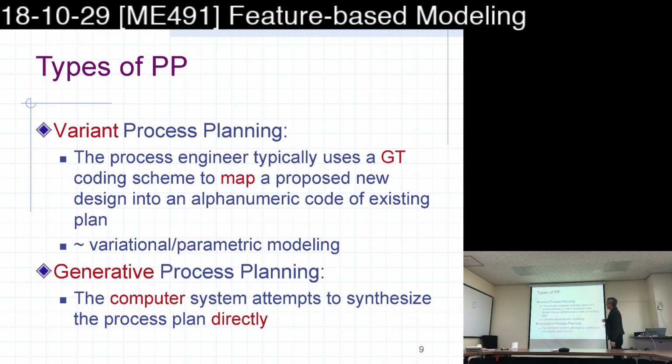That is variational designing, variational process planning. Use a group technology coding scheme to map a proposed new design into a code of an existing plan. So you start from an existing plan and modify it, identifying each part by using something like a coding or some variational parametric.